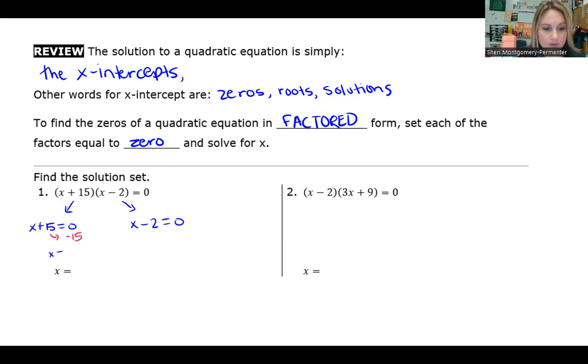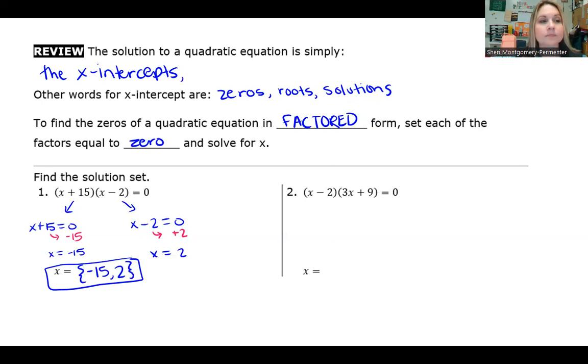So I get x is equal to negative 15. For the right branch, what do I have to do? Add 2. Very good. So those are my 2 solutions. My solution set can have negative 15 and 2. That's it.